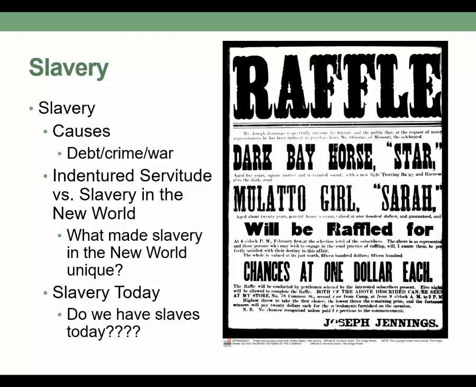And then you combine that with the growing interest in the concept of race, which we will talk about more when we get to chapter 9, and beliefs about both religion and the concept of heathens, as well as beliefs about racial superiority.